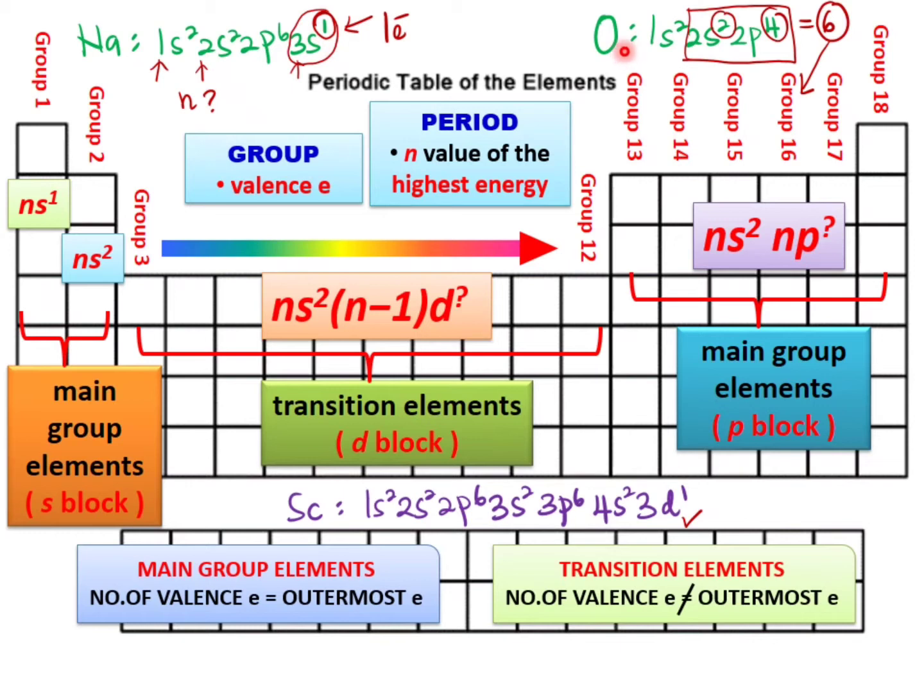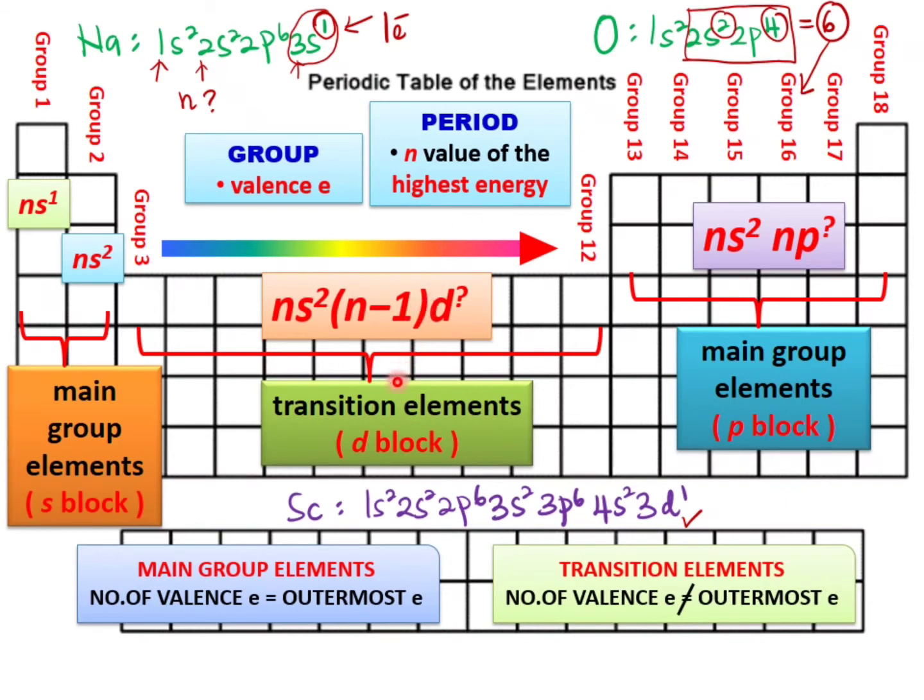Okay, while oxygen, the outermost electron is 6. Why 6? Because 2s and 2p are the outermost shell. It means that inside the shell here, 2 and 4 are the outermost electrons. At the same time, this outermost electron will become the valence electron.